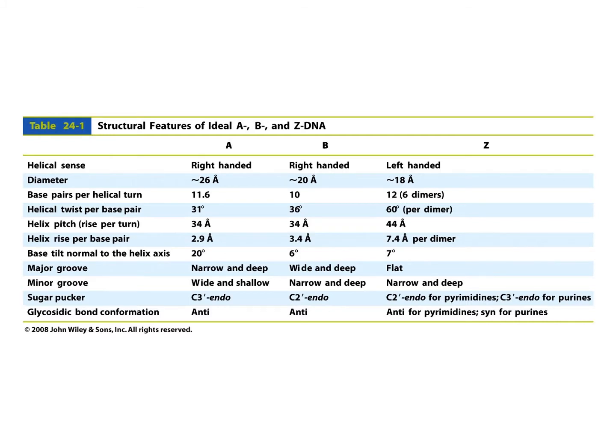Here are some more structural features of A, B, and Z DNA. Again, B is a standard, and you can basically compare that with the A-DNA or the Z-DNA in terms of their diameter, base pairs per helical turn, or the helix rise per base pair, which all vary, and also tilt, the angles, and how the major groove and minor groove look compared to the B structure here, and also sugar puckers and so on, which we'll discuss a little bit later on.